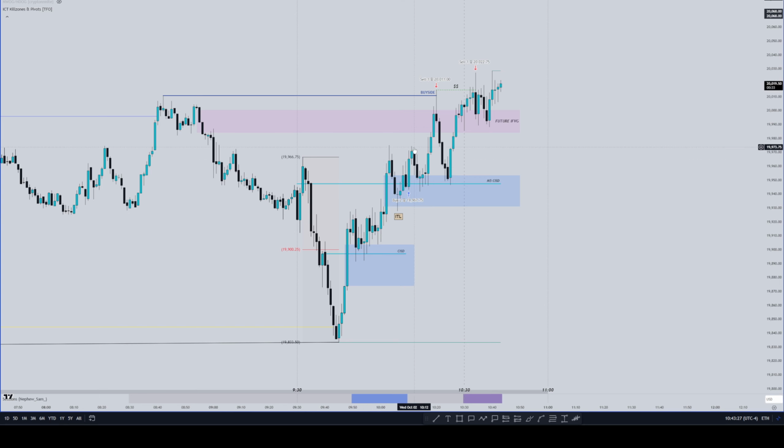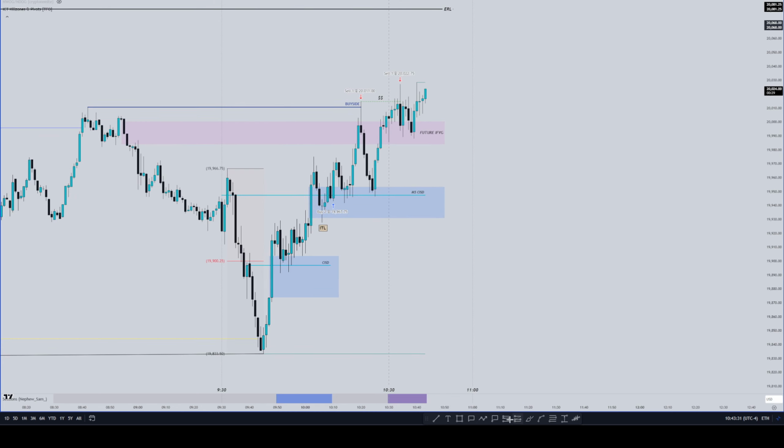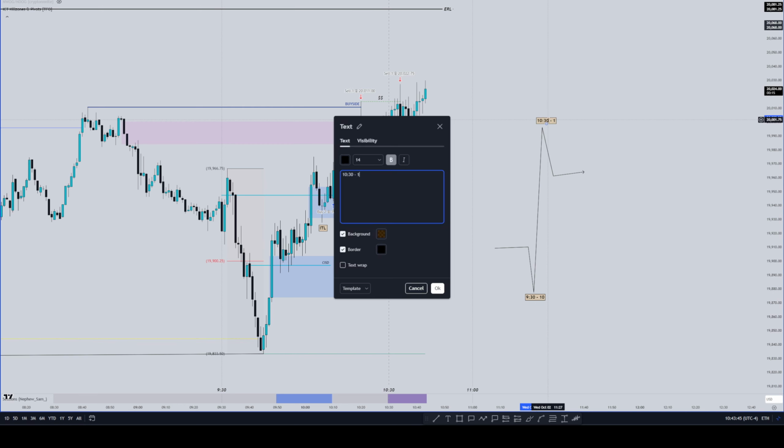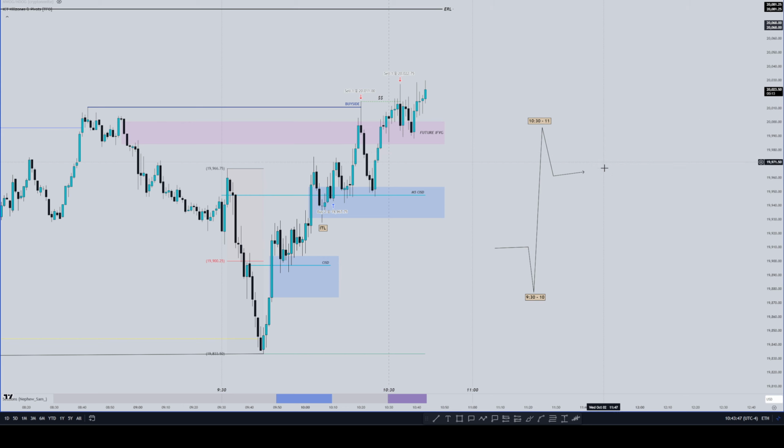And then obviously as we expand up, if you think about it, if we're bullish, this is the only profile we're looking for, preferably. So this has to be 9:30 to 10, and this has to be 10:30 to 11. If we get a reversal in here, I'm not expecting to reverse again.